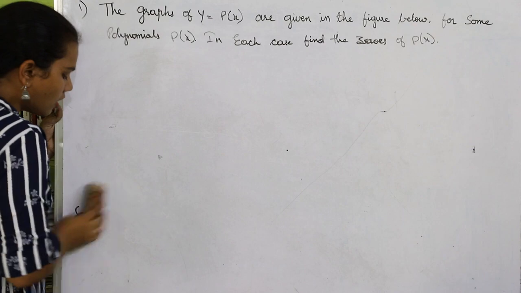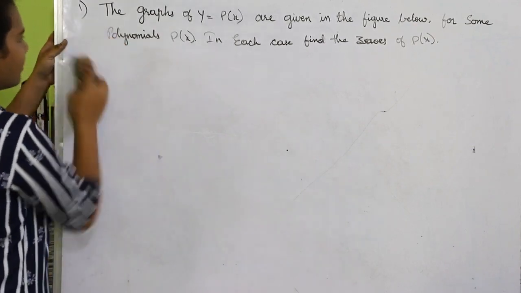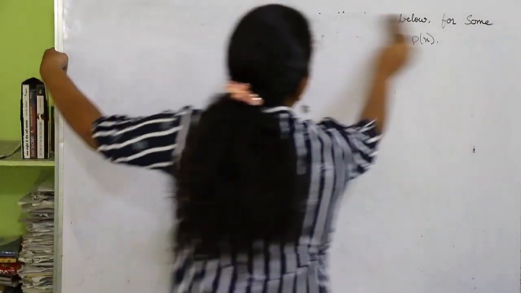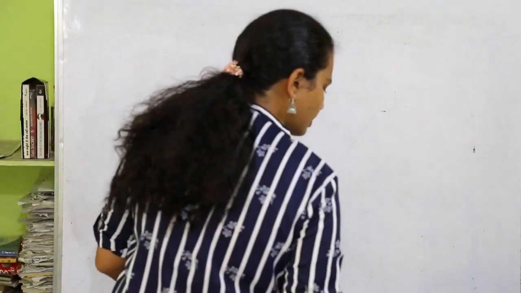Second one, guys, we must find the zeros of the polynomial now. We showed the zeros of polynomial on a graph, right? But now we must find the zeros of given polynomials. They have given a few polynomials.